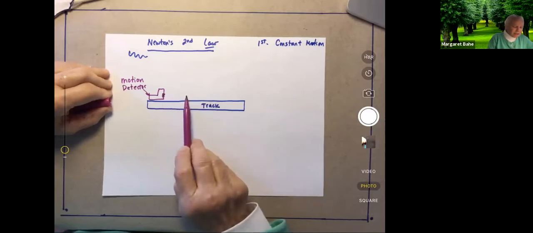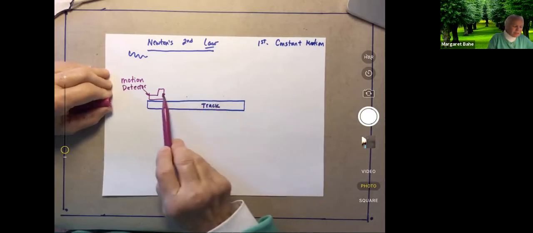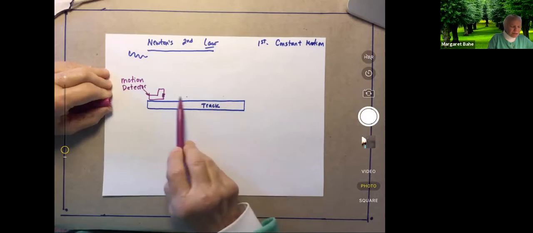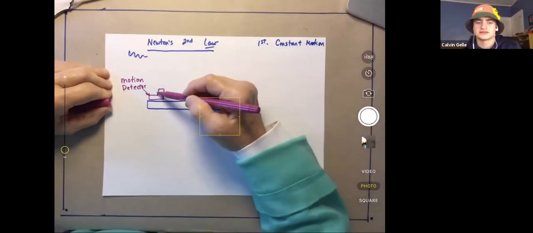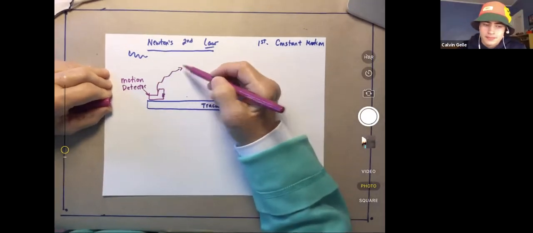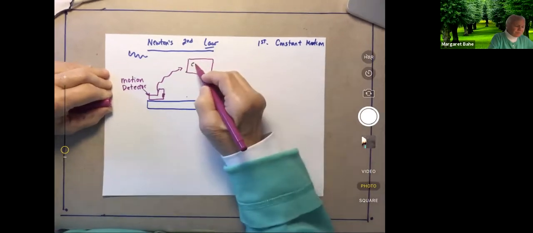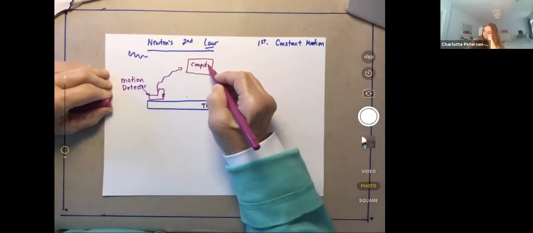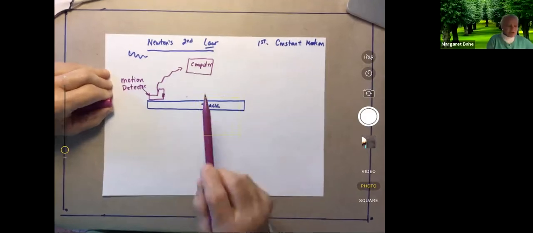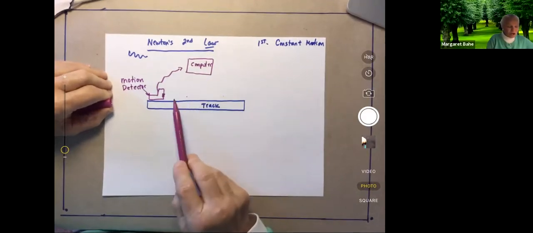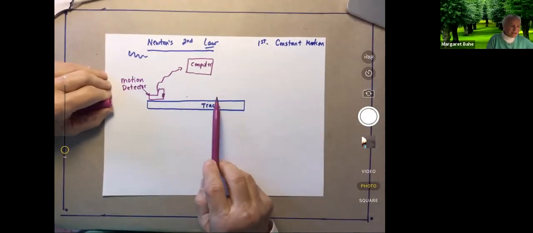So if I had something here versus here versus here, it'll be able to figure out how far away that object is. So this motion detector is going to get connected to a computer. And that computer is going to be able to record the distance of that object.